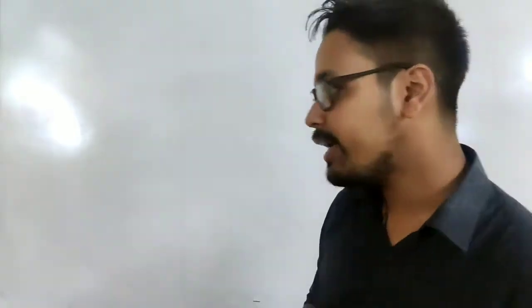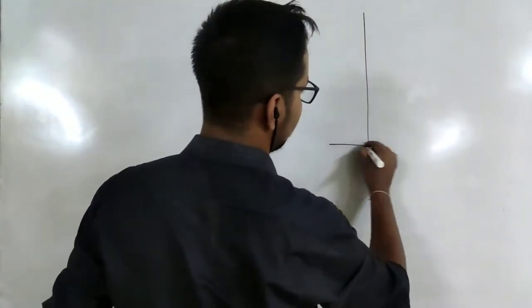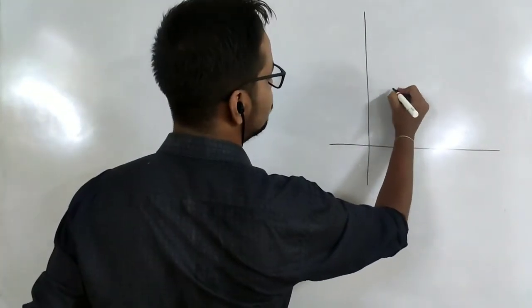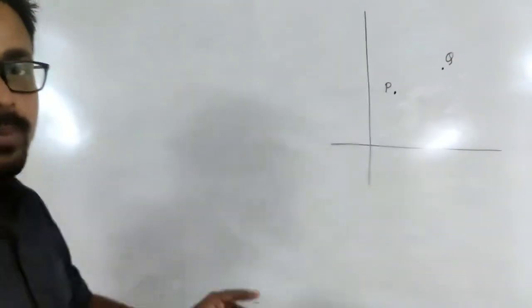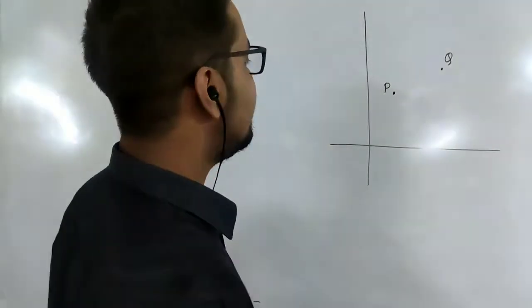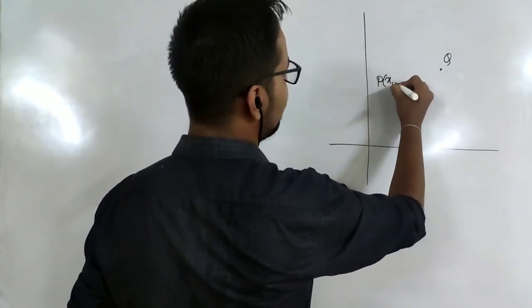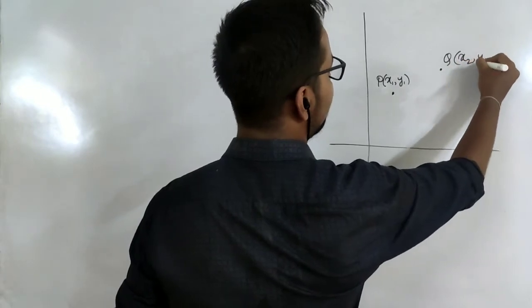The distance formula is used to find the distance between any two coordinate points. Suppose we have a graph. In that I have taken a point, suppose P, and another point Q. So two points P and Q I have selected, and I have given them coordinates. Let P have the coordinates x1 and y1, and Q have the coordinates x2 and y2.